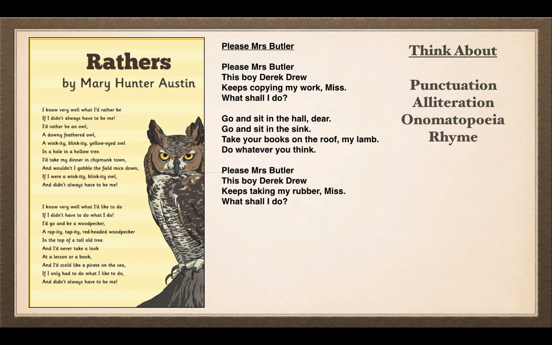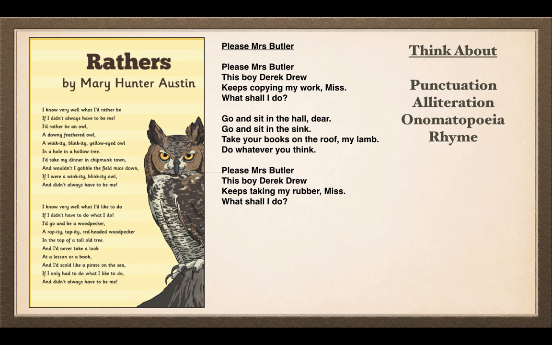And then rhyme. We talked about a rhyming scheme yesterday, an ABAB rhyme scheme. That style of poetry is more difficult because you have to have a good selection of words that rhyme. And sometimes trying to get your poem to rhyme is very tricky.